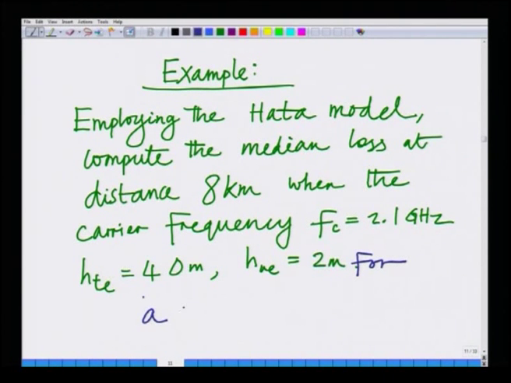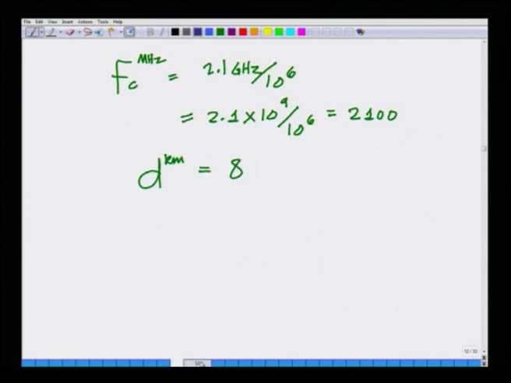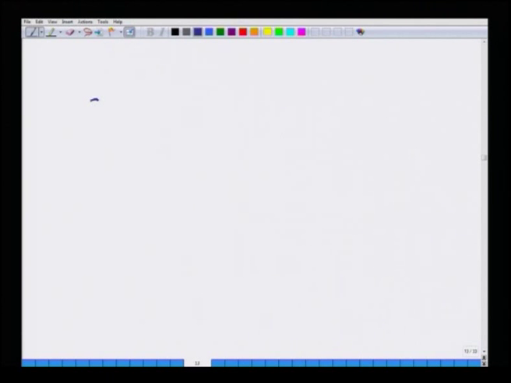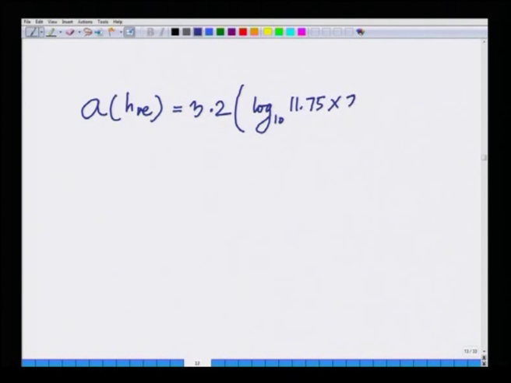For a large city, the mobile antenna correction factor is nothing but 3.2 log 10 of 11.75 into HRE, which is 2, whole square, minus 4.97 dB, which is essentially equal to 1.04 dB.